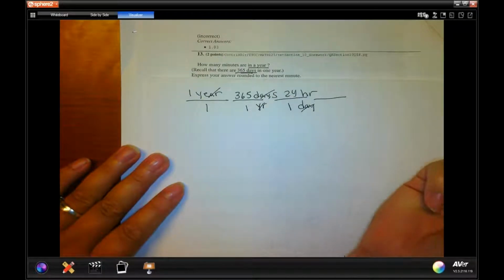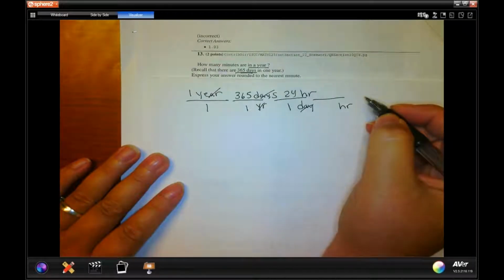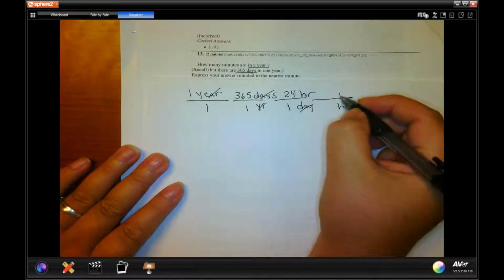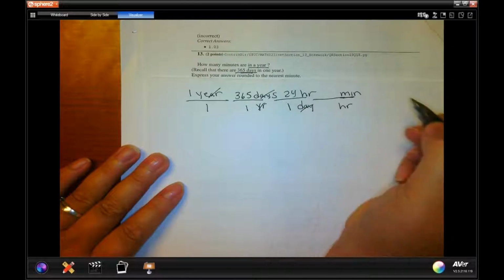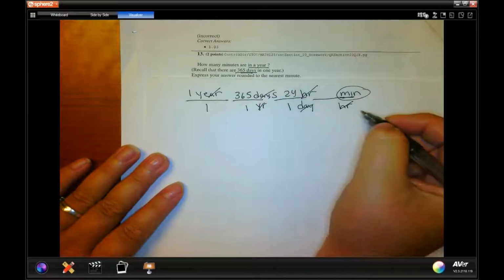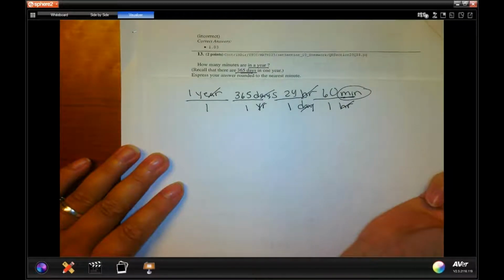What do I need in the denominator now? Hours. What do we know about hours to minutes? 60 minutes. That gives us what we want, right? 1 hour is 60 minutes.